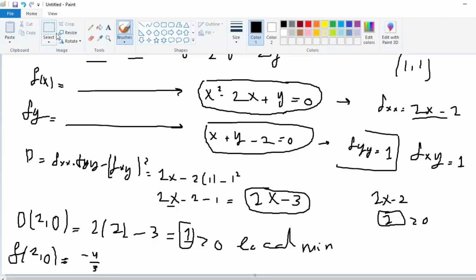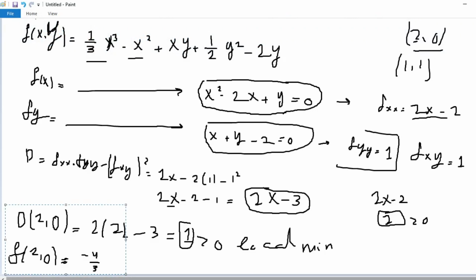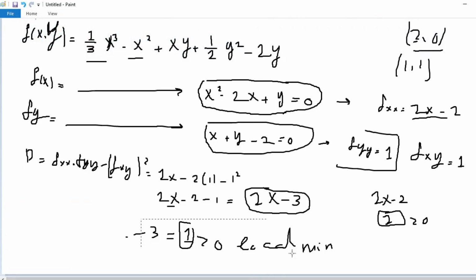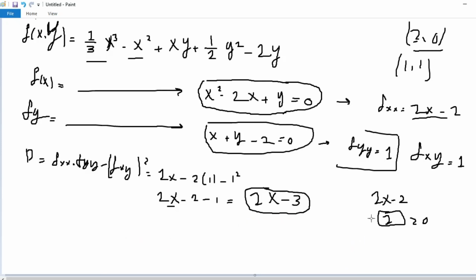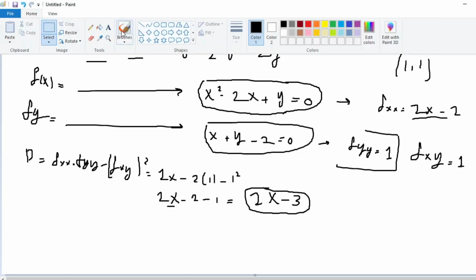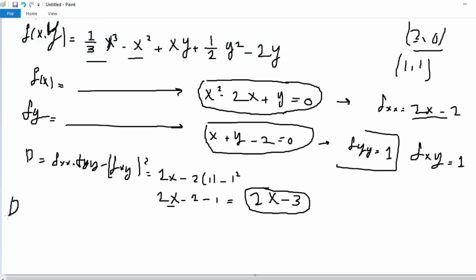So let's take the second critical point. The second point is (1, 1). Let's substitute x with 1. So it's going to be 2 times 1 minus 3, which is 2 minus 3, so negative 1.